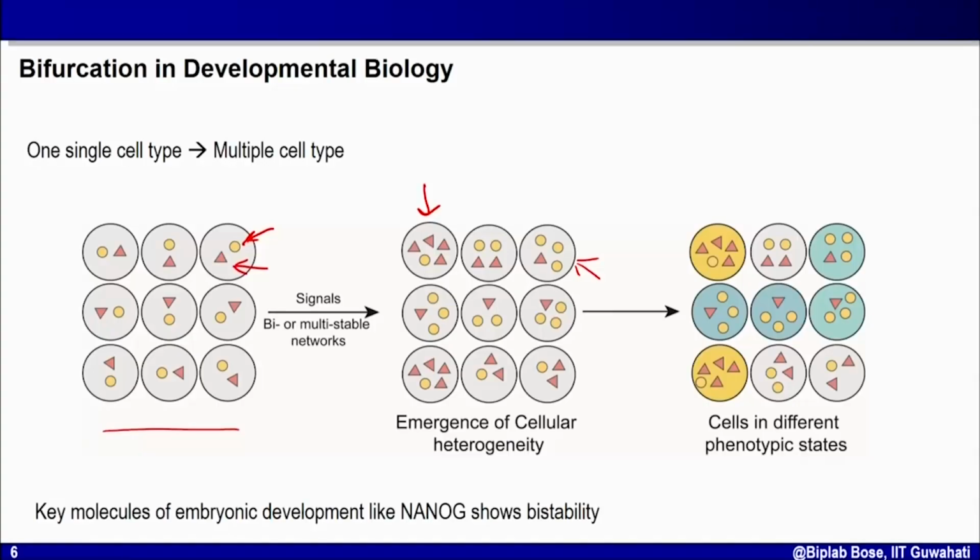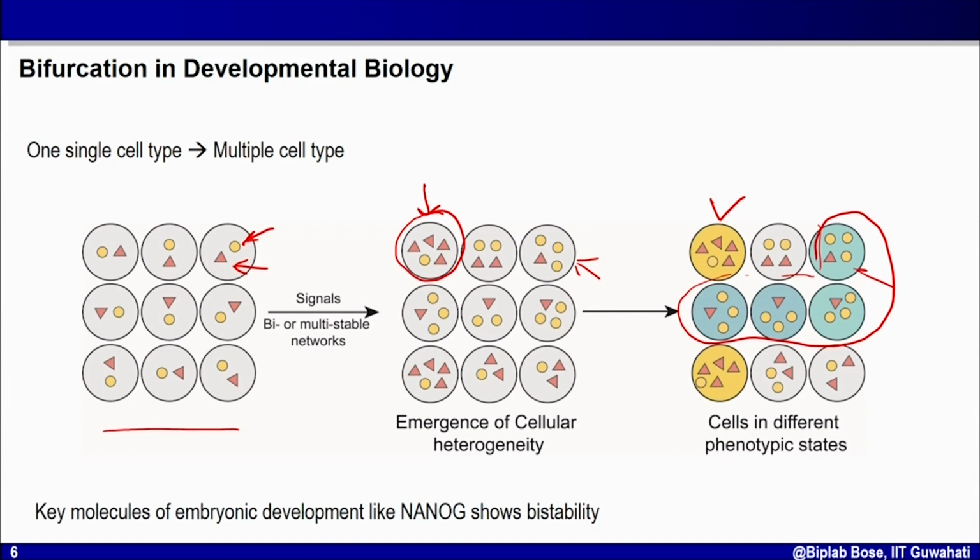So suppose maybe the red protein pushes the cell towards a neuronal cell type, whereas the yellow one pushes it to a different cell type, type B. So what will happen? These cells which are expressing more red, which is a subpopulation expressing more red now, will become one type of cell. Whereas the other subpopulation which is expressing more yellow will become another type of cell. So from a homogeneous population, I get two subpopulations and their protein expression behaviors are different, and ultimately they move into different paths of differentiation.